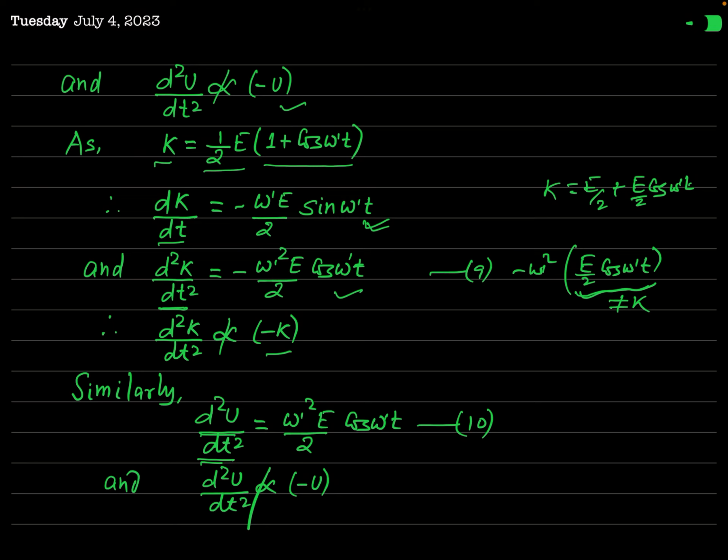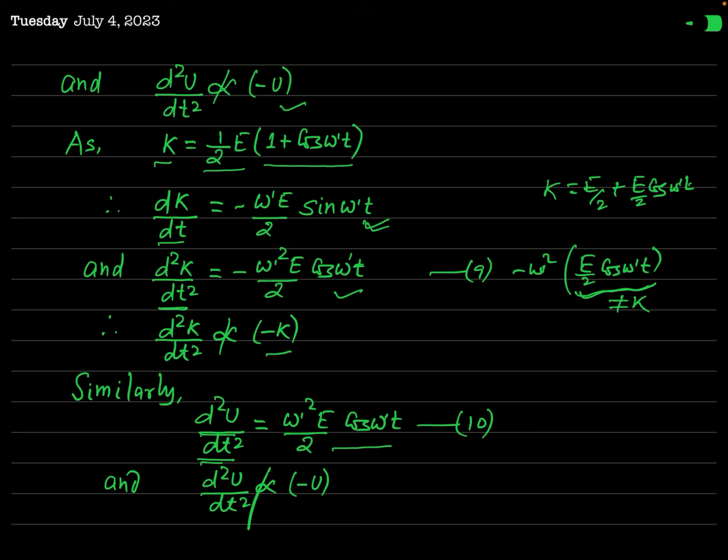In the similar manner, after differentiating two times the expression for u, you will get d2u by dt square equal to this much. And again here you can see that d2u by dt square is not proportional to minus u.